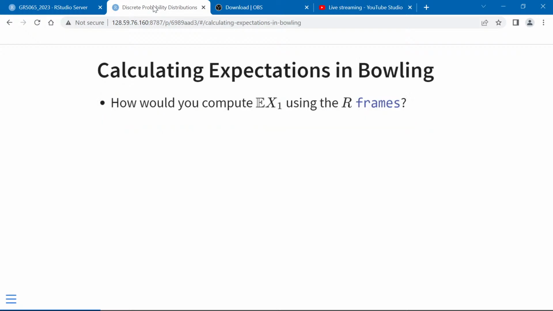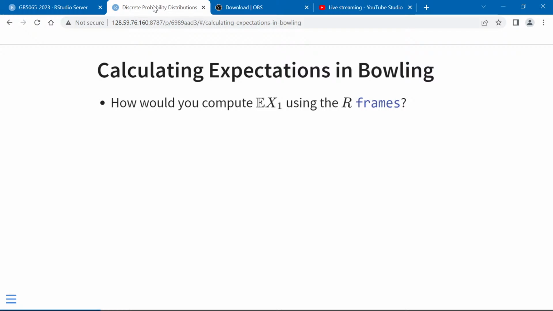Okay. So how would you use the R frames of bowling that we simulated last week to compute the expected number of pins knocked down on the first roll of a frame of bowling under our model? The modern way. So remember, frames is a tibble, 2 columns, x1 and x2, 10 million rows for all the times we simulated it.